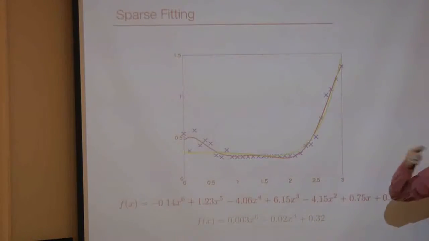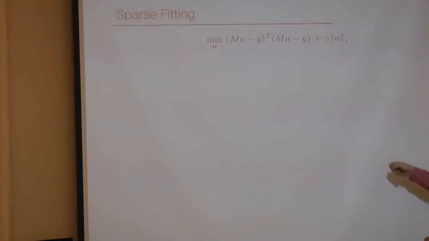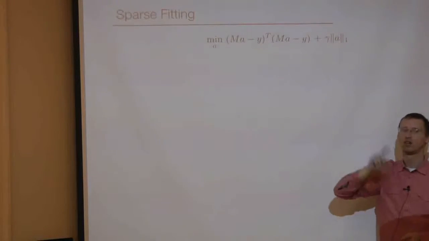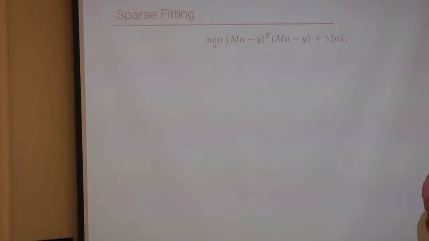But it has a very large number of 0 elements. So it's really like a compromise between simplicity of the fitting function and goodness of the fitting function. How well does it approximate the data? And we have this tuning parameter, this gamma, which tells the optimization what is more preferable, whether we rather want a good fit or whether we want to have a simple fitting function.